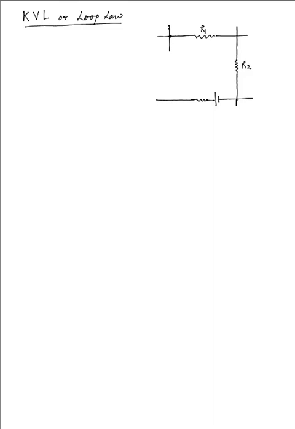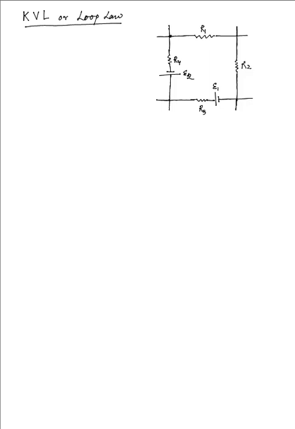The EMF of this cell, let it be equal to E1. The resistance over here is R3, and then we consider another internal resistance, supposedly R4, which is associated with another cell present over here that has an EMF of E2, and that again is connected to the rest of the circuit at this node.